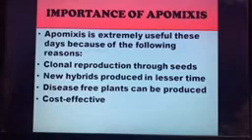Here you can produce a new hybrid in lesser time, because cross pollination is not required. If you want to produce a hybrid, you need cross pollination between two flowers, but here it is not required. You get a seed without fertilization, so it takes place in quite lesser time, right? And these seeds you can use again and again.